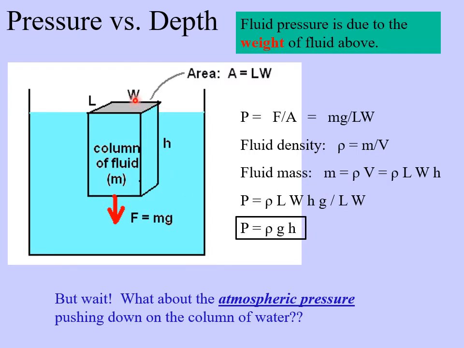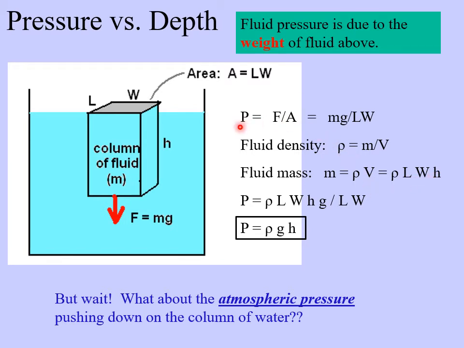The mass of the fluid in this column, just by rearranging, is equal to rho, the density of the fluid, times the volume of the column. This is a rectangular prism that has a length, a width, and a height, so the total volume is length times width times height. I've substituted that for V here.